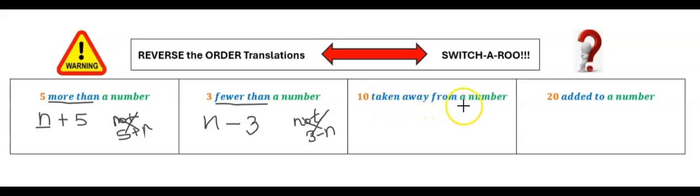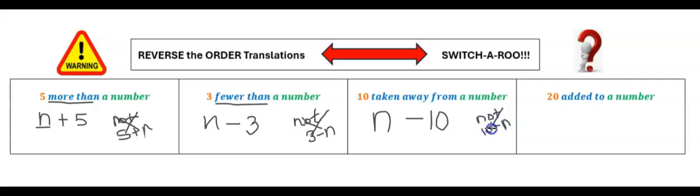10 take away from a number. 10 taken away from a number. We're taking 10 away. That means it's minus 10. So it would become second in our expression. We'd start with our amount and then we'd take 10 away from it, minus 10. Not 10 minus n.